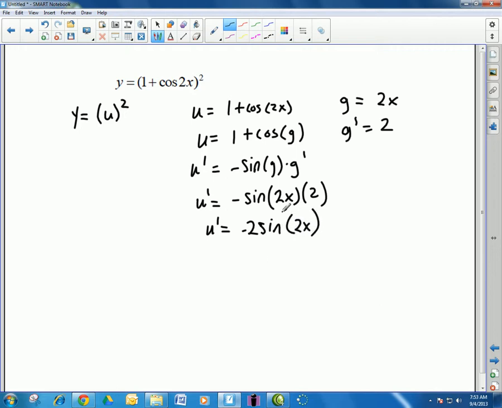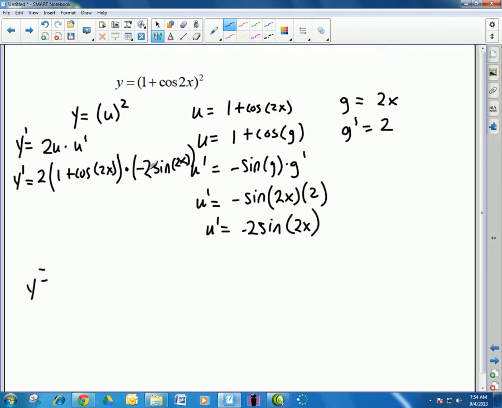So now we have u prime, and then if we go back to y, I'm going to need some room. The derivative of y, so that's y prime, is 2u times u prime. Now we can substitute all that in. 2, and then u is the 1 plus the cosine of 2x, and then times u prime, which is negative 2 sine, I'm running out of room, like that.